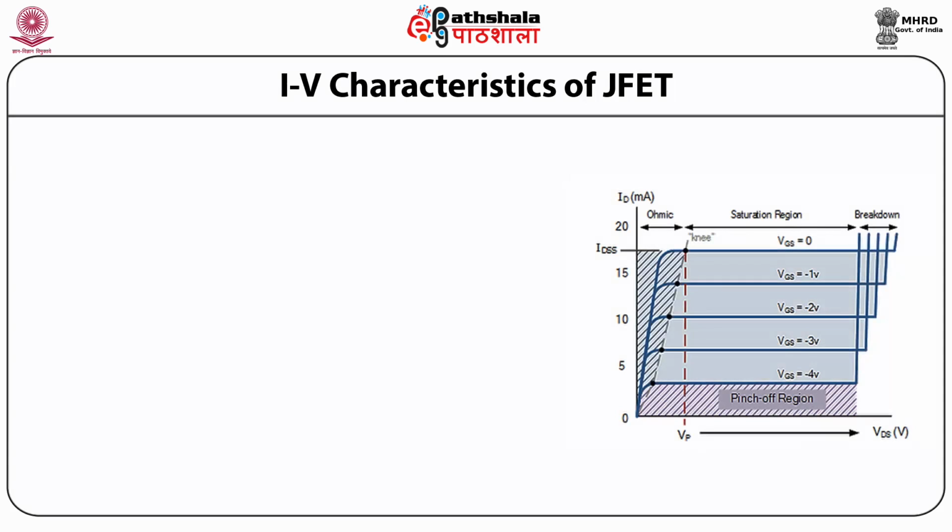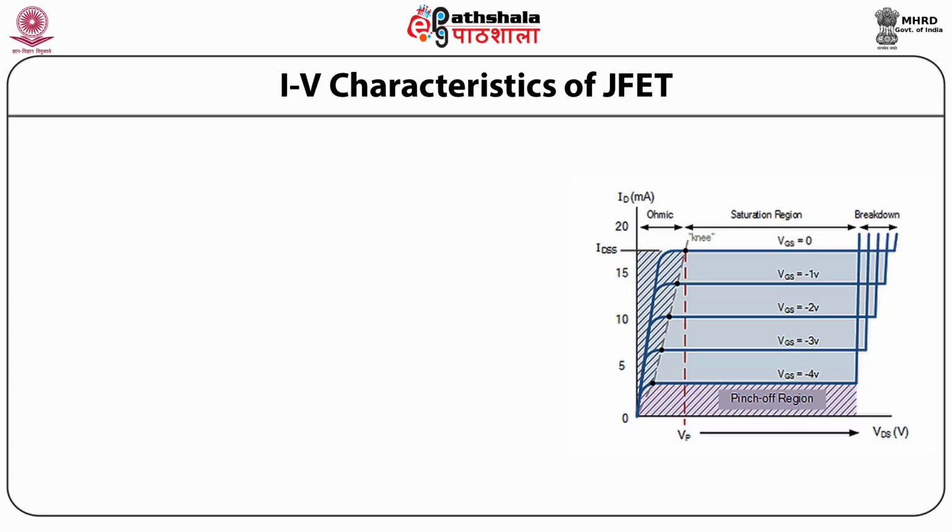So let us now summarize the IV characteristics of JFET. So this figure shows the current versus voltage, that is ID versus VDS, by varying the VGS from 0 to -4 volts.